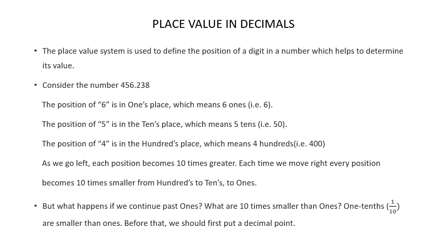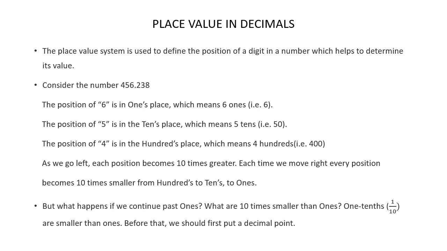The position of 4 is in hundreds place, which means there are 4 hundreds. The value of 4 hundreds is 400. So the position of the digit in a number helps us to determine the value of the digit.